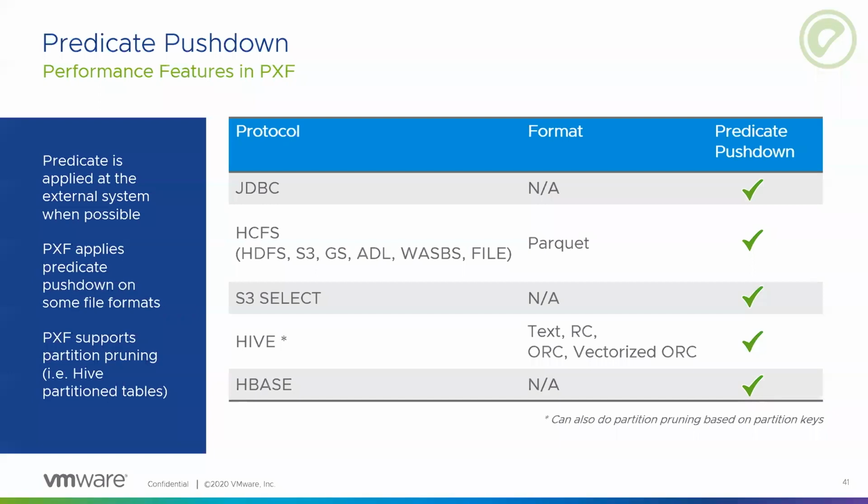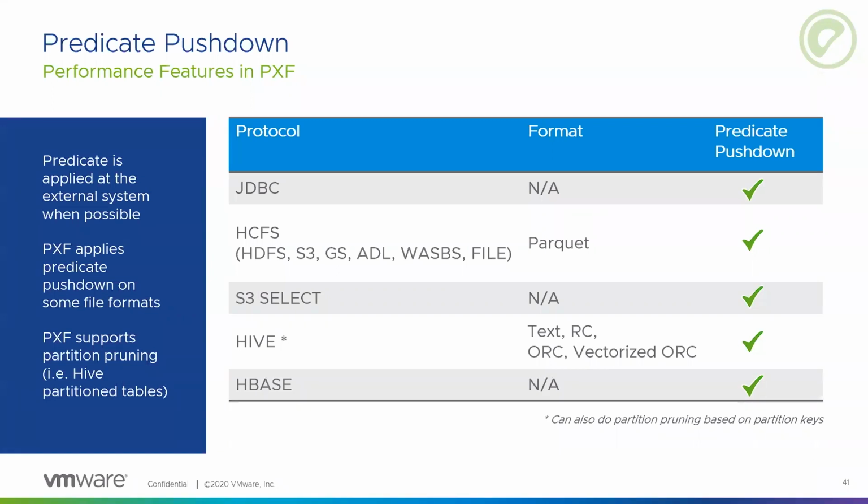But PXF can also apply filters at the PXF level for some data formats. For HDFS, S3, Google Cloud Storage, and the cloud connectors in general, PXF also applies filters at the PXF server for the Parquet format. And this reduces the CPU and memory footprint.